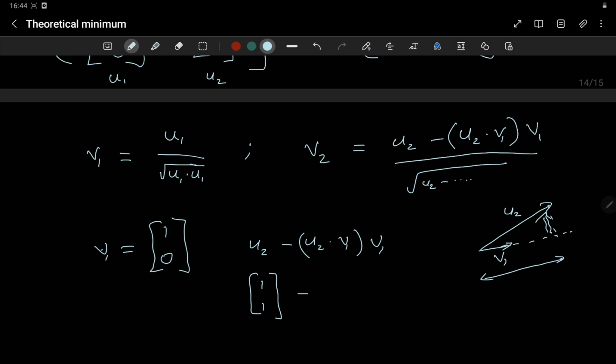What is u2 dot v1? No, 1. (1, 0) is v1, u2 is (1, 1), so the dot product is just 1. 1 into v1, which is (1, 0). So the answer is (0, 1). You need to normalize it, but even if you normalize it, you will still have (0, 1). Now you have got (0, 1), right?